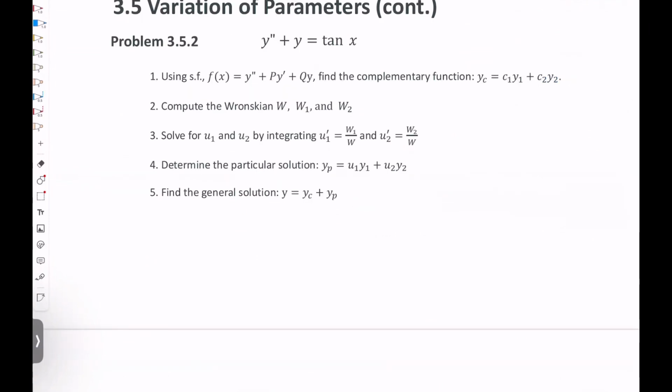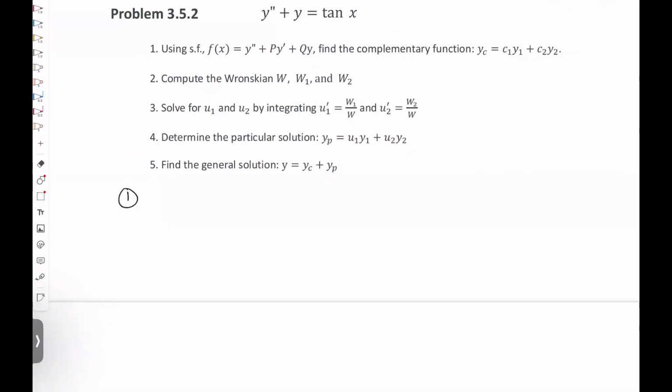You're given y double prime plus y equals tangent x. Step number 1, we need to find YC. Find the auxiliary equation from here. That is m squared plus 1 equals 0. No prime, no m. Keep telling you, no prime, no m. So m equals plus minus j.